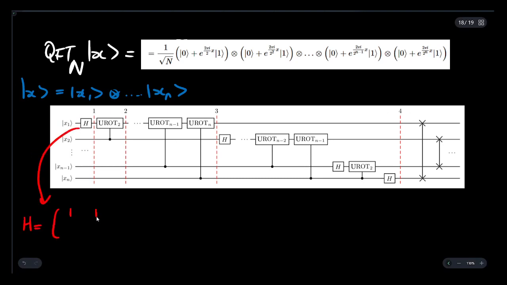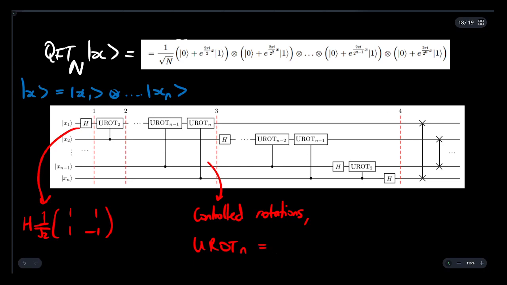On each qubit, we perform a Hadamard followed by a chain of phase rotations controlled on every other qubit below it. As we can see, on the first qubit, we go from 2 up to n. On the second, we go up to n minus 1, all the way down until we get to the nth qubit, where we only apply a Hadamard. Each of the phase rotations is given by this matrix.